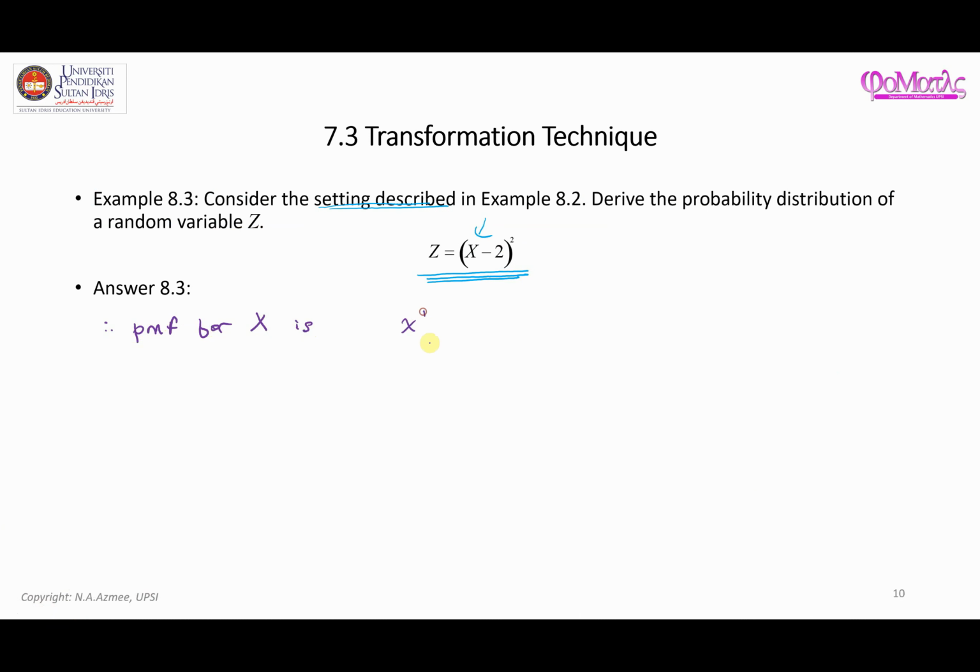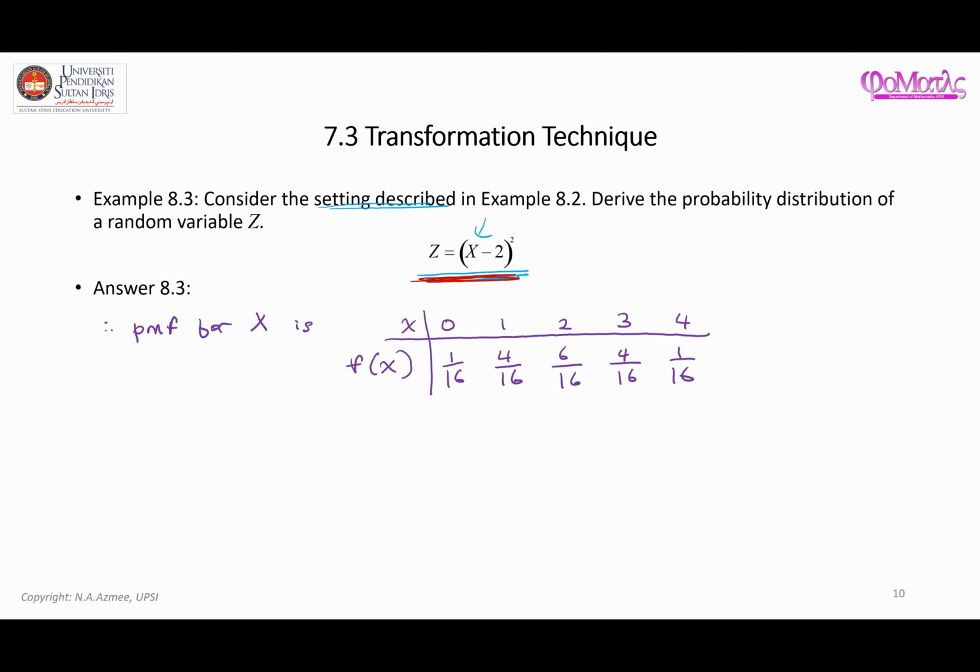So we have x 0, 1, 2, 3, and 4, and these are the probabilities associated with it. 1 over 16, 4, 6, 4, 1 over 16. Okay, so this is the probability distribution for x. We're going to use the result in order to get the probability distribution for this guy z.